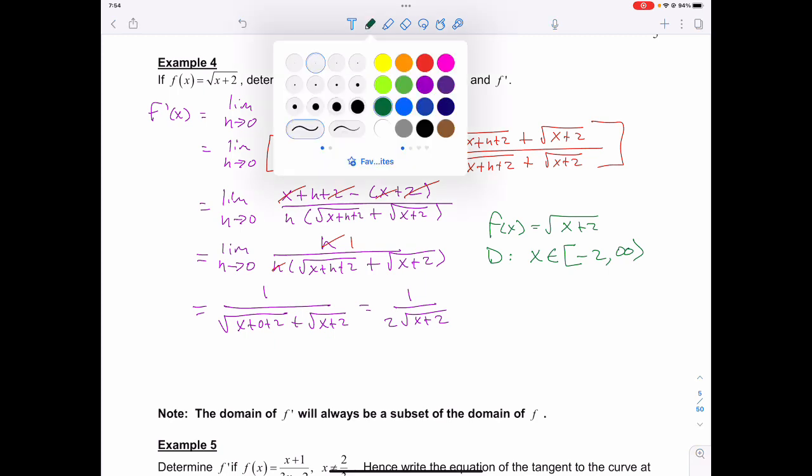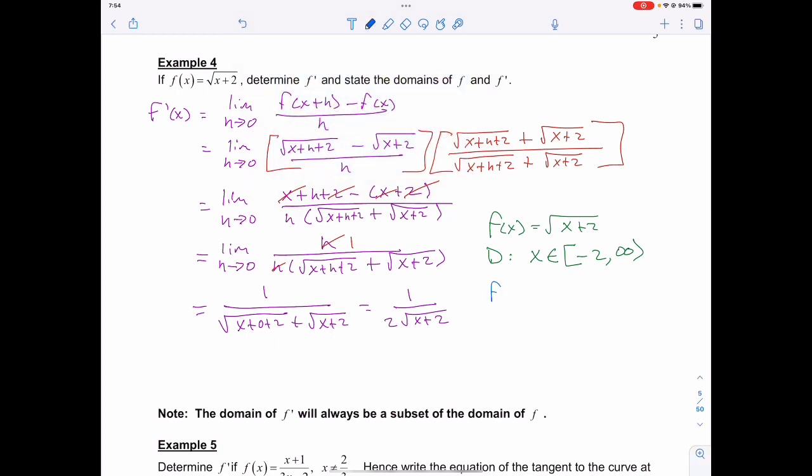If I say that f prime of x is equal to 1 over 2 times the square root of x plus 2, then the domain in this case is very similar. The only difference is because it's in the denominator, I can't actually equal negative 2.